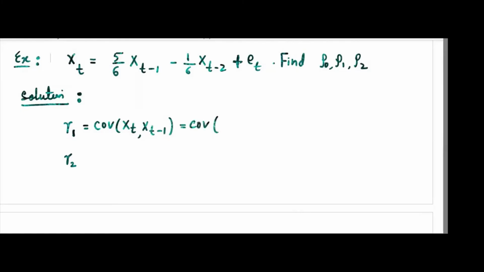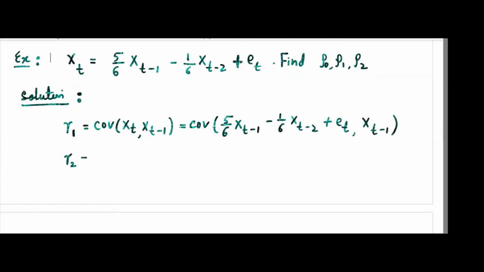This is the standard way. All the time you have to do it this way. You need to write the values, okay? Whatever x_t is, 5/6 x_{t-1} minus 1/6 x_{t-2} plus e_t, then x_{t-1}.